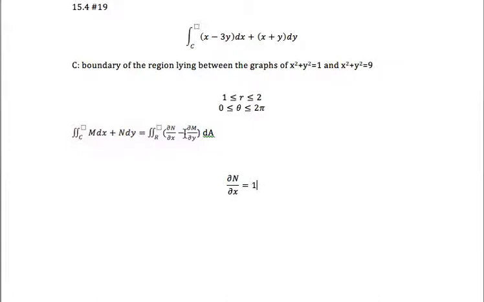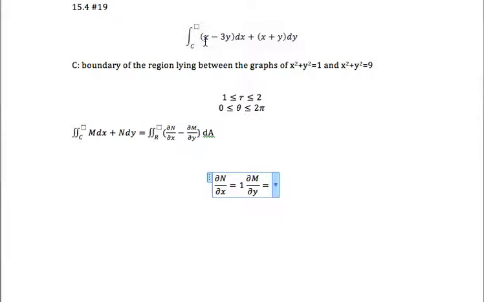Now we're going to take dm dy, and that is going to equal, so we're taking dm over dy of x minus 3y.